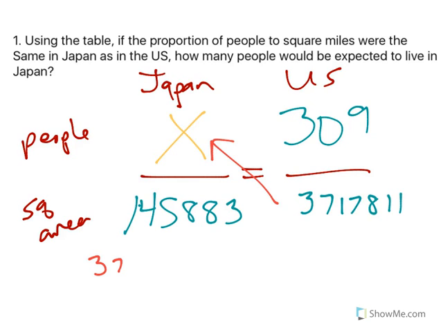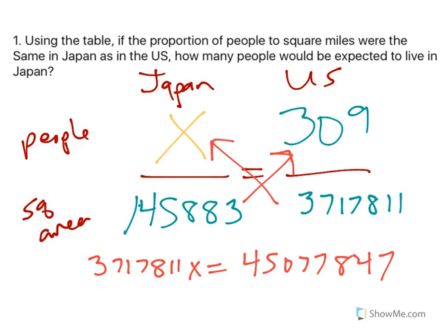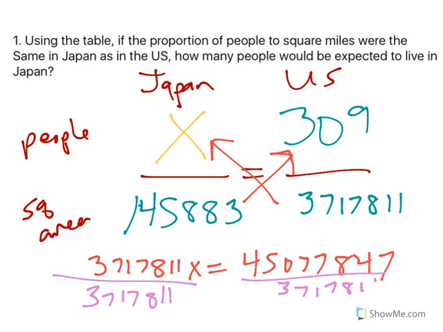So my 3,717,811 x equals, multiply the other direction, and I get 45,077,847. I'm going to divide both sides by my 3 million and change, because that cancels these out, and I'm left with an answer of x equals 12.12.